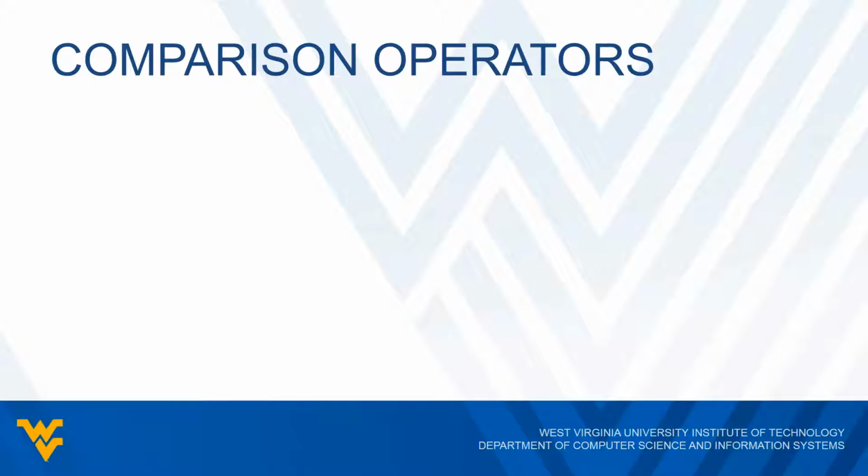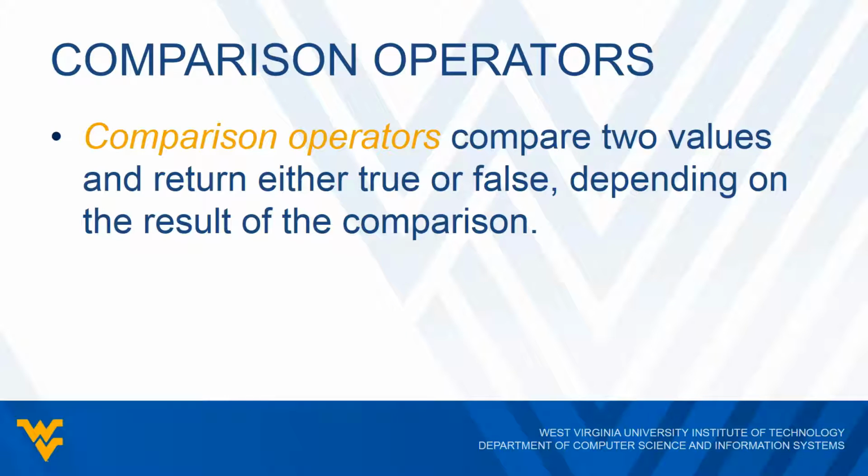In our last example, notice that we used the greater than symbol to compare the total variable and the value 100. So if the total was greater than 100, we did our conversion. The greater than symbol is an example of what we call a comparison operator. Comparison operators just compare two values, and they return either true or false.